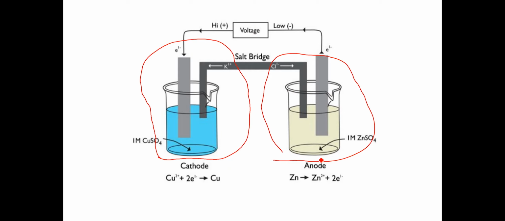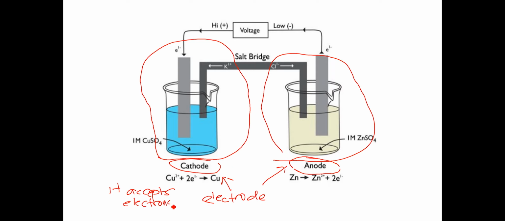And as we can see, there are two types here of electrodes. So we have the anode and the cathode. The cathode is a type of electrode. This is also an electrode, yung anode. The cathode accepts the electrons in a spontaneous redox reaction. So again, the cathode accepts electrons.